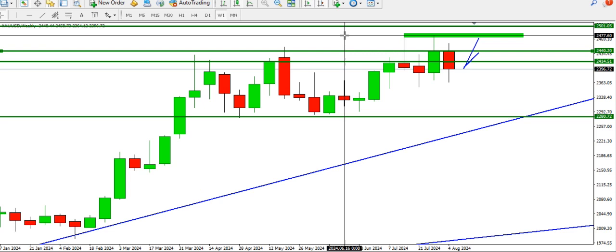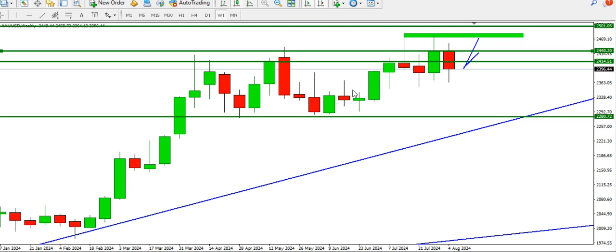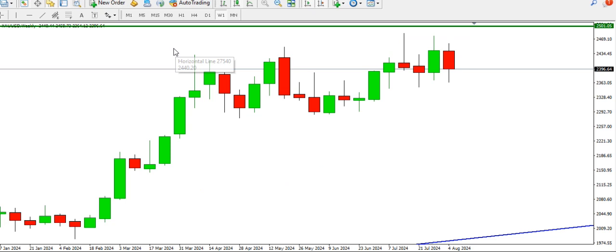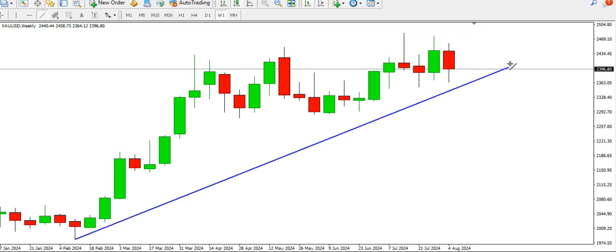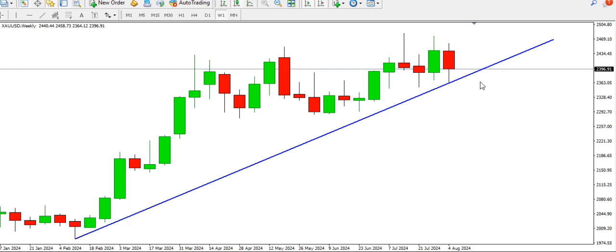So for now, we can conclude that price is still ranging on the weekly time frame. But where is it ranging to? It's ranging upwards. Price is ranging upwards on the time frame. So we might want to continue to buy gold at the bottom, buy low and buy the dip.